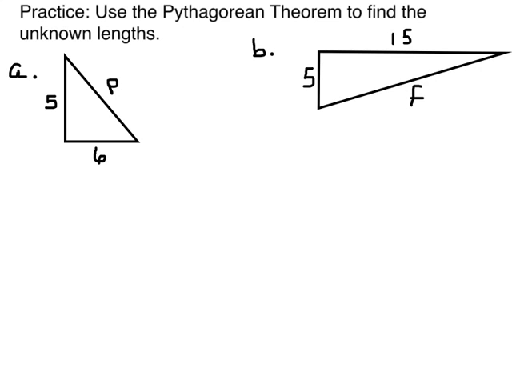A and B say use the Pythagorean theorem to find unknown lengths. Alright, in A we have the 5 and the 6 come together to form the right angle. So we're going to let 5 be A and 6 be B, and we're looking for P. 5 squared is equal to 25. 6 squared is equal to 36.